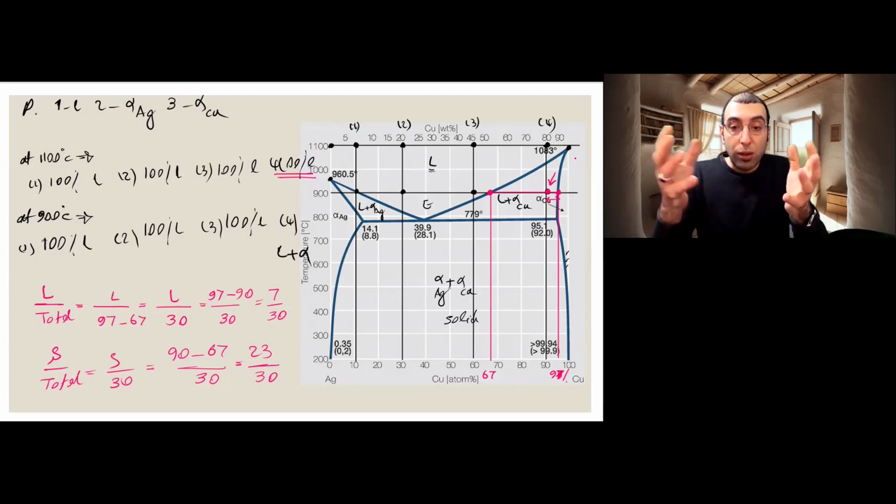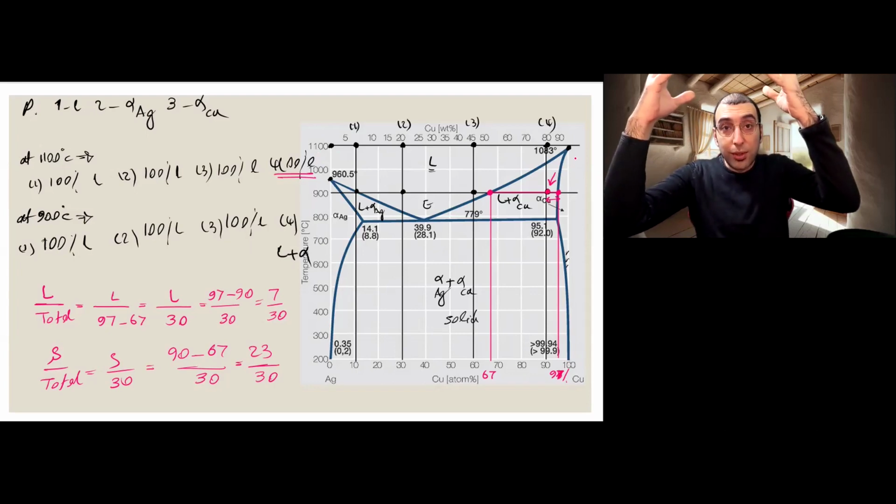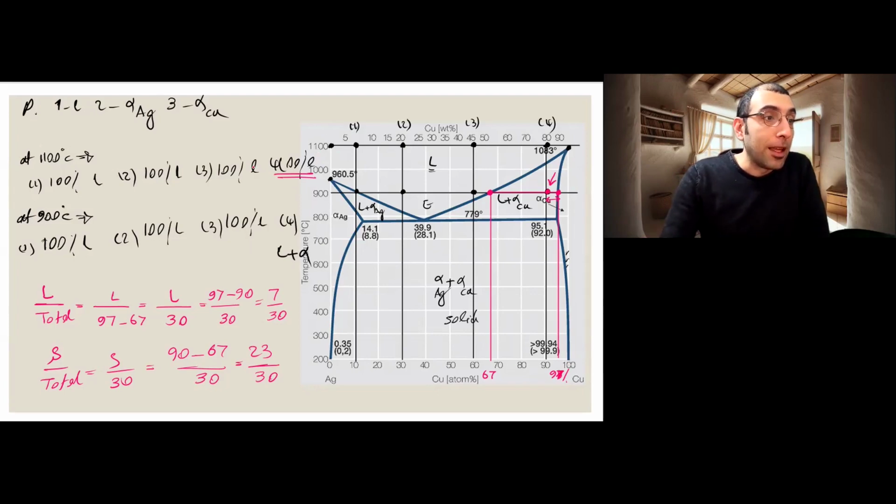So in your melting pot, some of it turned into solid at that temperature for this alloy. How much of it? 23 to 30 parts of it turn into solid. So the majority of it that you once had liquid turned into solid. That's your phase fractions. So at this temperature, you get these phase fractions.